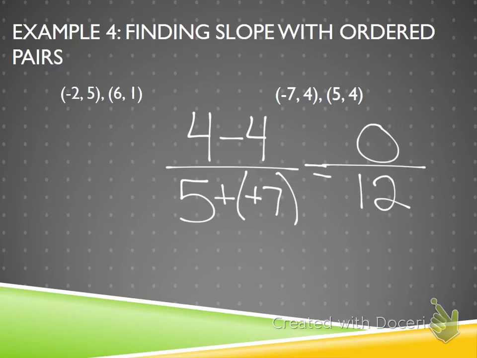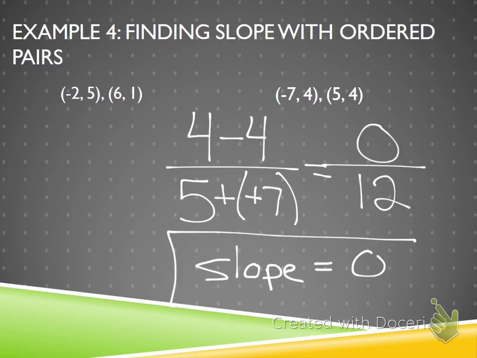All right, now here's what I want to teach you about this. If 0 is in your numerator, and you might want to jot this down in your notes, then your slope is 0. If 0 is in your denominator, which it's not in this case, your slope is undefined.